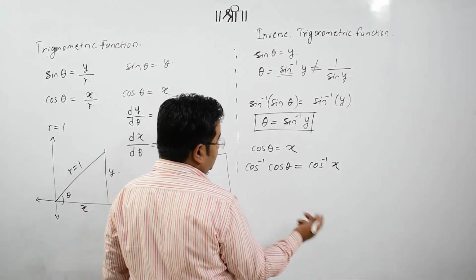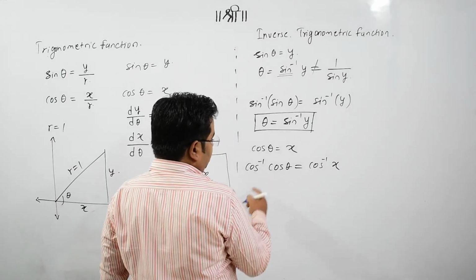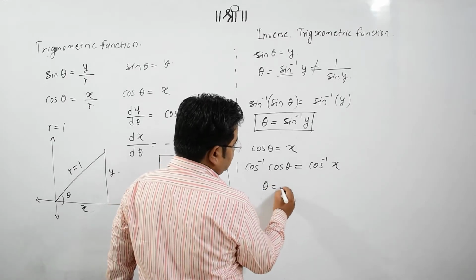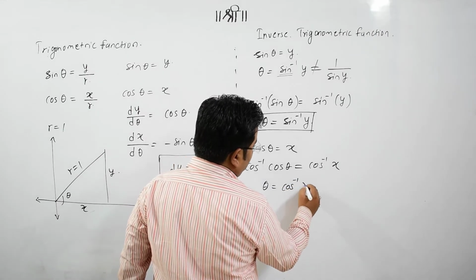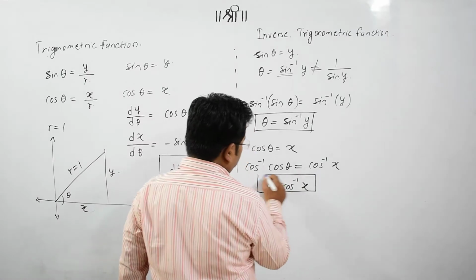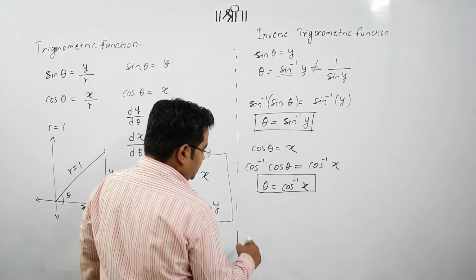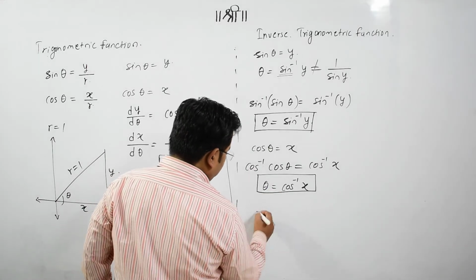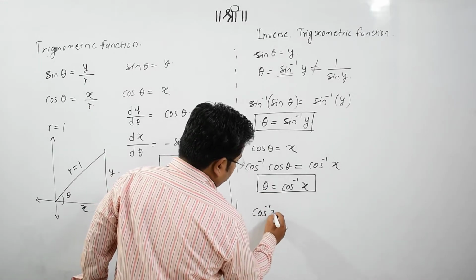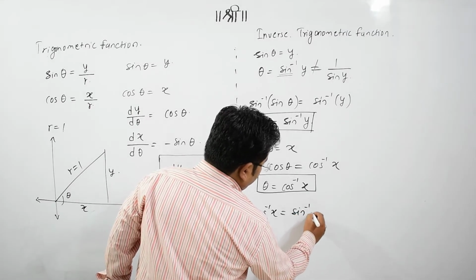Again, a very important parameter: theta is equal to cos inverse of x. Now this theta equal to cos inverse of x comes over here, and theta is equal to sin inverse of y. Then what exactly is this relation? Cos inverse of x is equal to sin inverse of y.